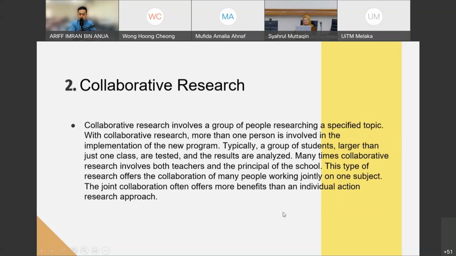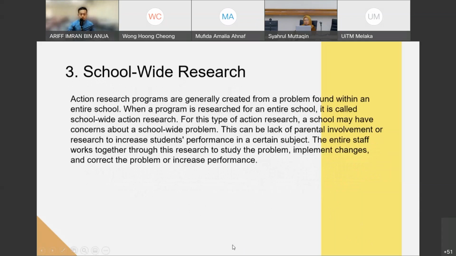And many times, collaborative research involves both teachers and also the principal. This joint collaboration often offers more benefits than individual action in the research approach.